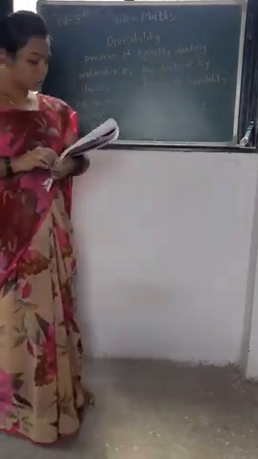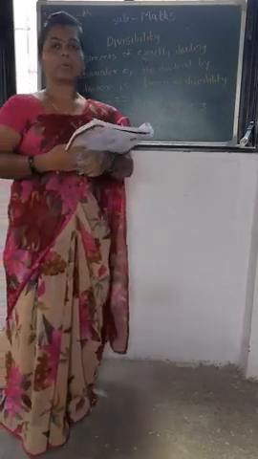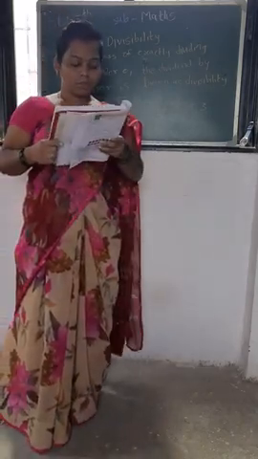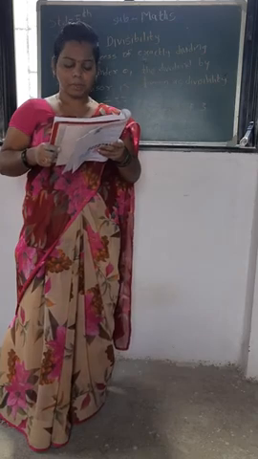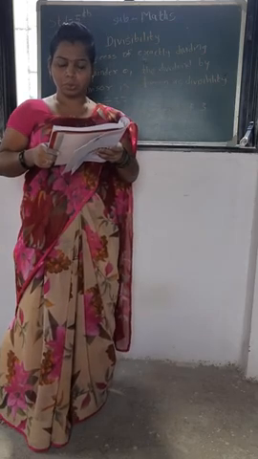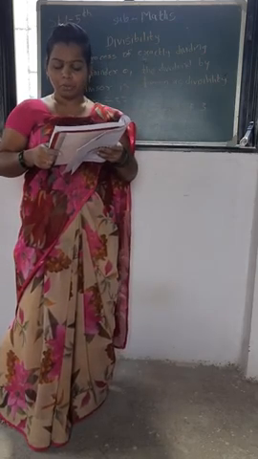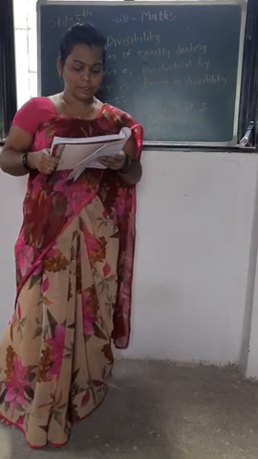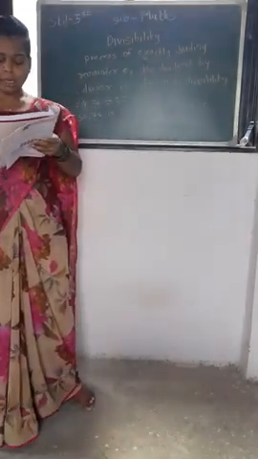Then the next point is divisibility rules. A divisibility rule is a method that can be used to determine whether a number is exactly divisible by another number.